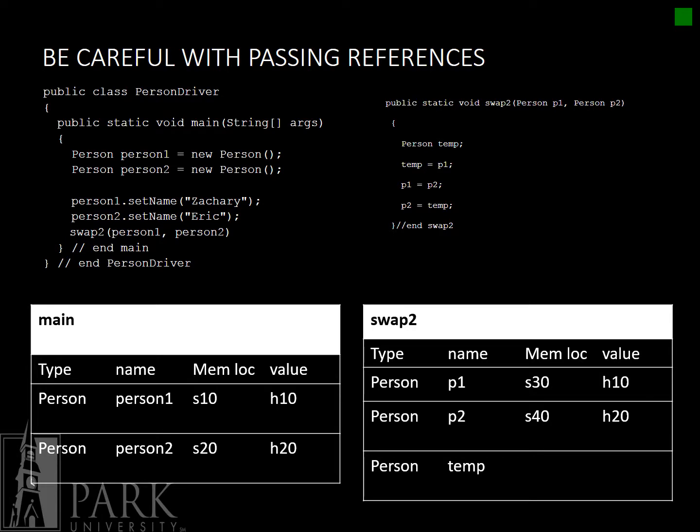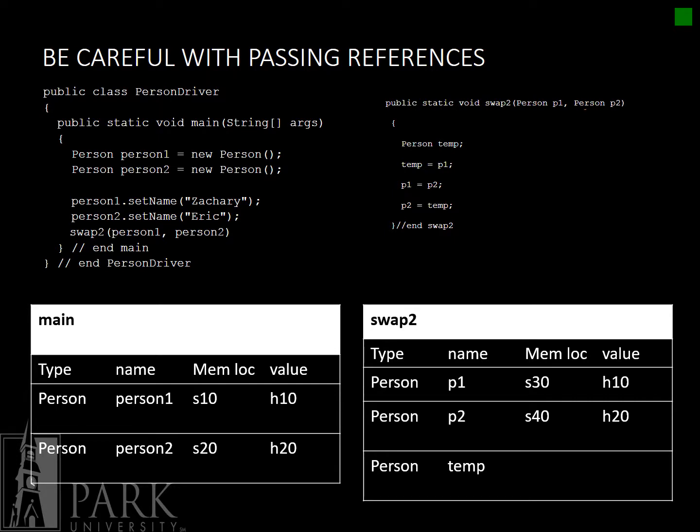Well, then we call swap2, all right? So you can see here we're passing in person 1 and person 2, and it creates a new memory location because person 1 is a new variable, right? It's a temporary variable for just this function or this method, right?